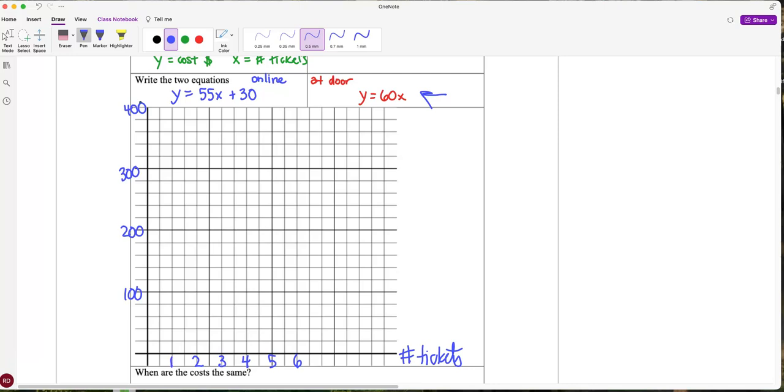Now, in the first situation with this online ticket, there's a $30 charge, okay? So this is 20, 40, 60, 80. So at 0, when you plug in a 0 for X, there's still that one-time charge of $30. So 10, these would be 20, and 30 would be about right there, okay?